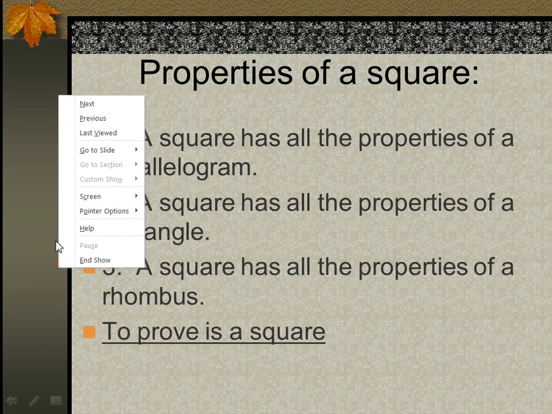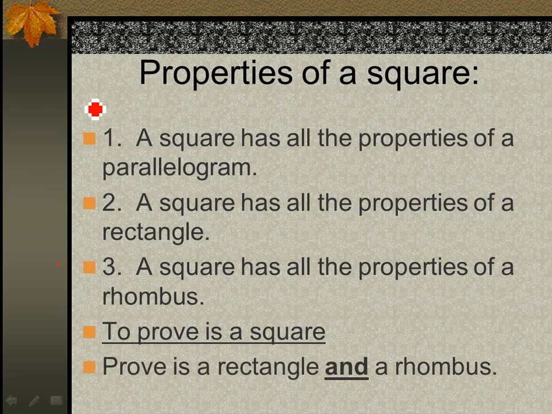All right, to prove something is a square, the way you need to prove something is a square is you're going down through this chart. You prove it's a quadrilateral. You prove it's a parallelogram. You go to rectangle. You prove it's a rectangle. Do you just stop there and say it's a rectangle? No. Jump over here to rhombus and you check to see if it's a rhombus.